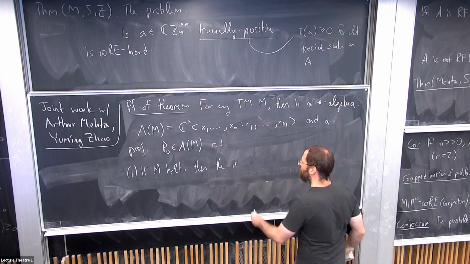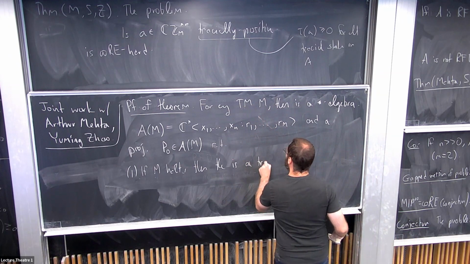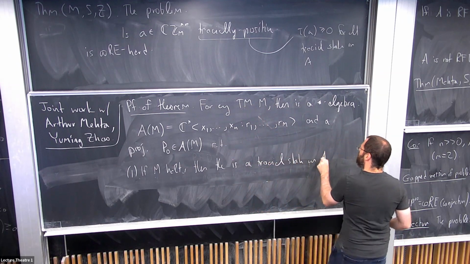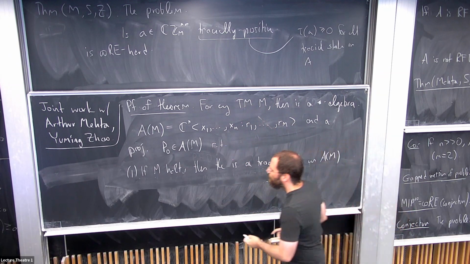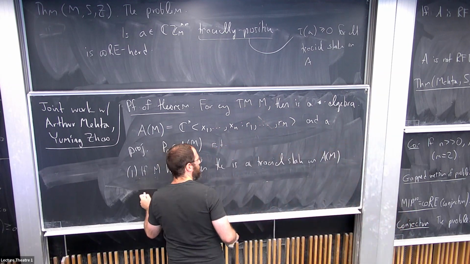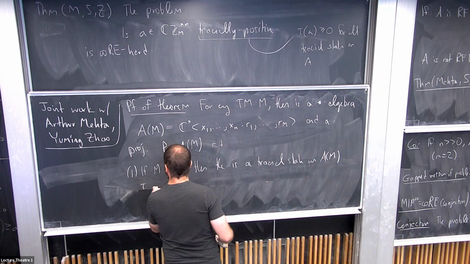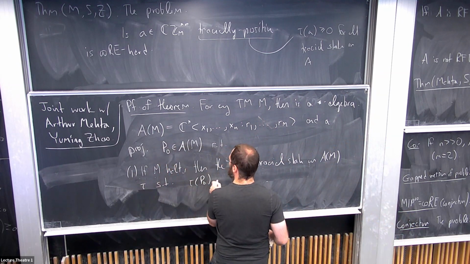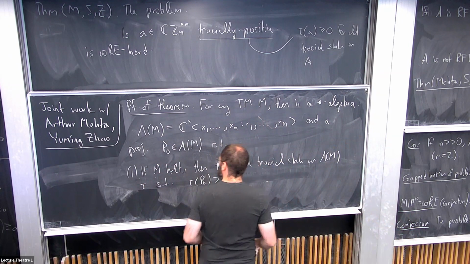If M halts, then there is a tracial state tau on A of M, such that tau of P0 is greater than 0.